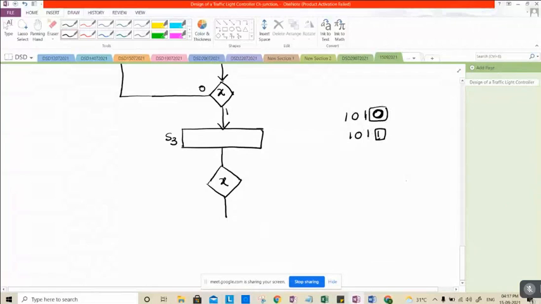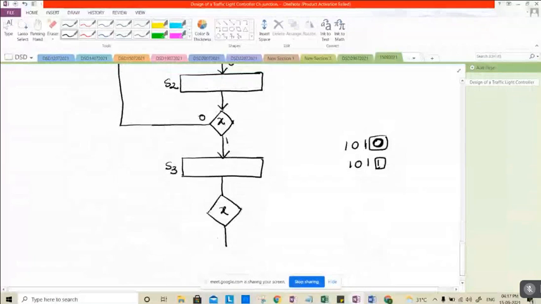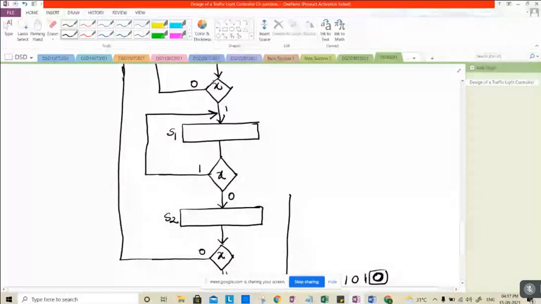This is an overlap model. So if it is 1, it moves on to the state S1. Right. So if it is 1, it moves on to the next state. Right.